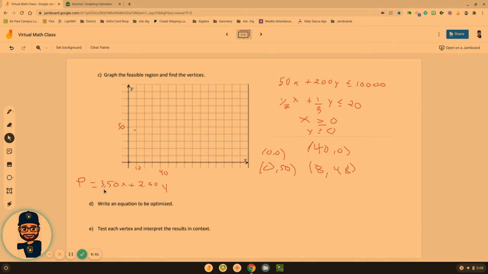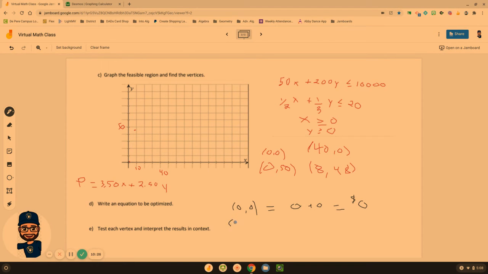So using that equation, we need to try and figure out what each one of these vertices from our graph is going to yield for a profit. Okay, so let's go down here and let's test those points, 0, 0. If I plug that in, I'm going to get 0 plus 0, or a profit of $0, right? Meaning, if I make no bracelets and I make no necklaces, I'm going to have $0 profit.